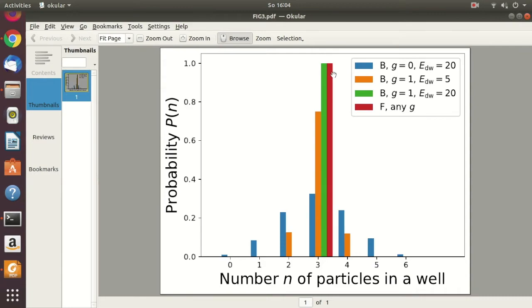However, if we are using fermions instead of bosons, then because of the Pauli principle, the fermions would tend to distribute as three fermions in each well, regardless of the strength of the interaction.